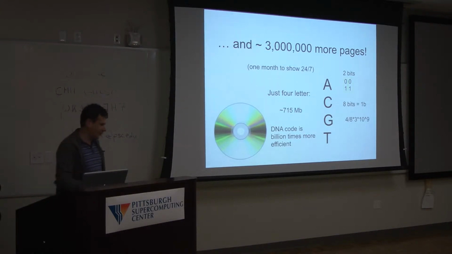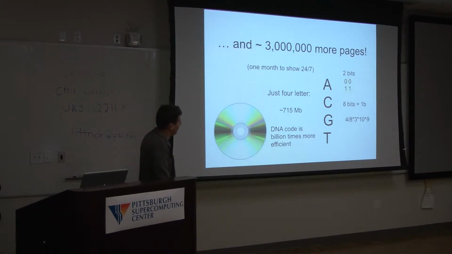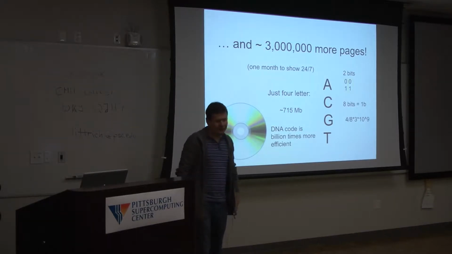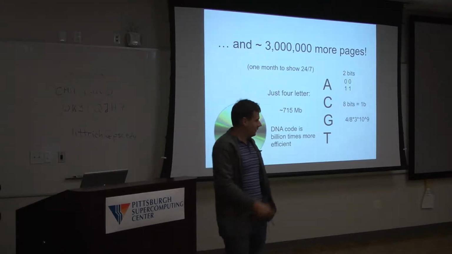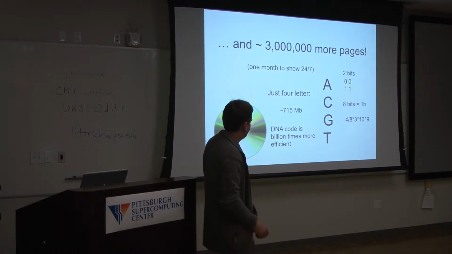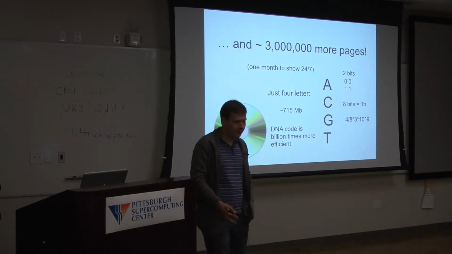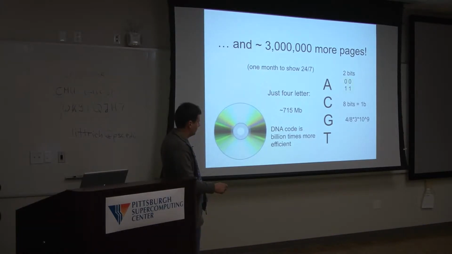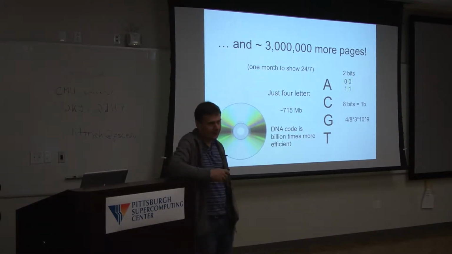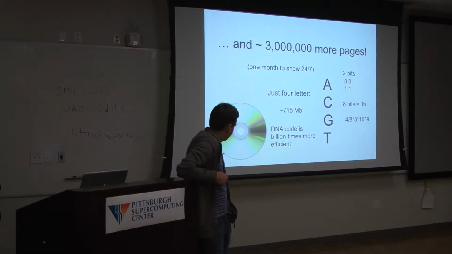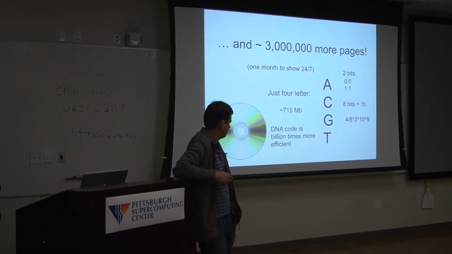It's very, very long, and it's just 4 letters. Although it's 3 million pages, it can still fit on a CD, so you can do a simple calculation, right? It's a 4-letter code. It's 2 bits, so it's about 750 megabytes.